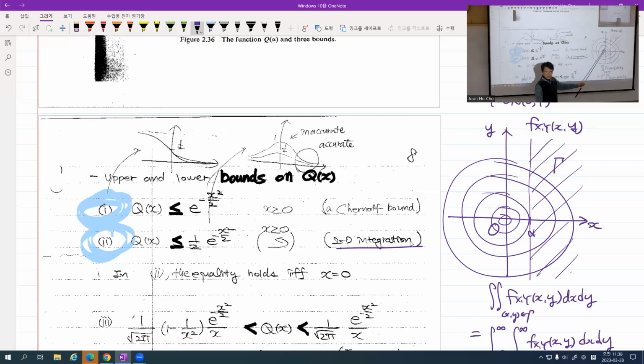Then you have the Q function. So here you have a Gaussian density that is circularly symmetric with respect to the origin. You slice, as you slice your birthday cake, and then that volume is Q of x.